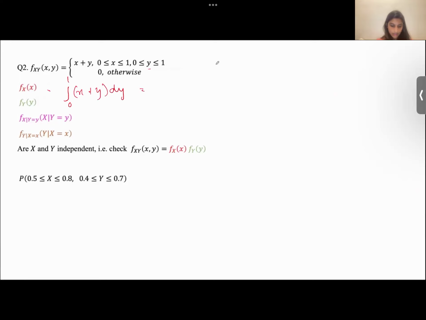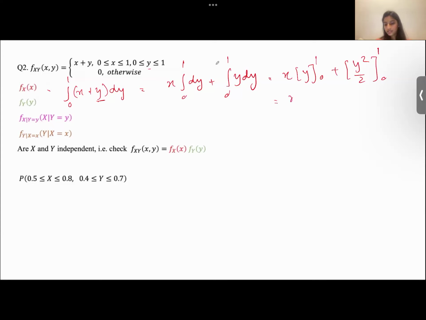You can write this as x times the integral of dy from 0 to 1, plus the integral of y dy from 0 to 1. So you have x times y, plus y square by 2, from 0 to 1. When you substitute this, you'll have x into 1 minus 0, which is x, plus y square by 2, so 1 by 2 minus 0, so 1 by 2. So this is your marginal probability of x.